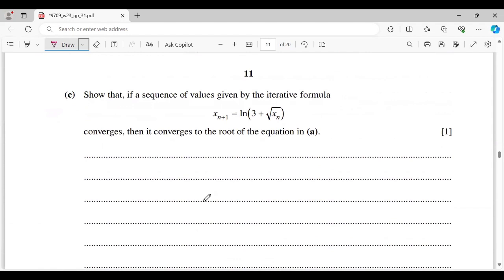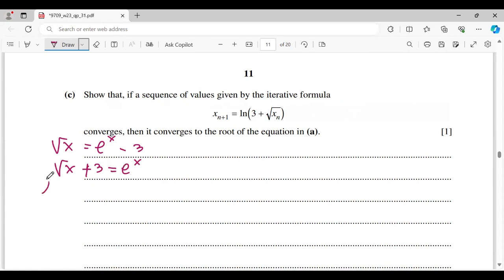C. Show that if a sequence of values given by the iterative formula x n plus 1 equals ln of 3 plus square root x n converges, then it converges to the root of the equation in option A. So if square root x equals e power x minus 3, it means square root x plus 3 equals e power x.